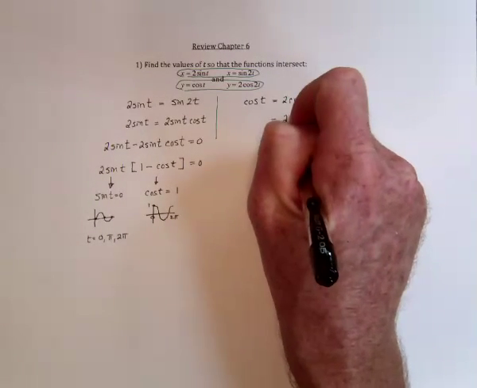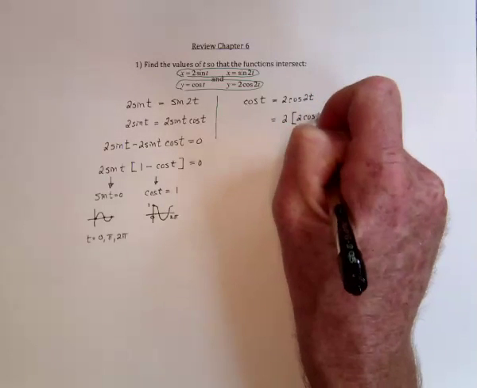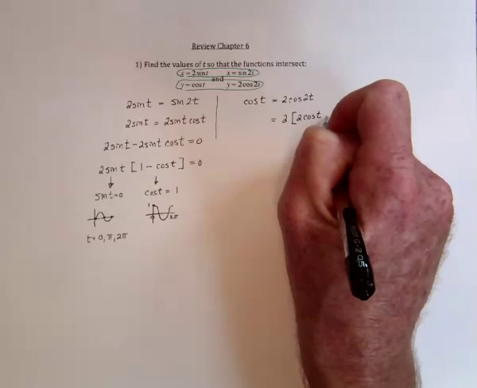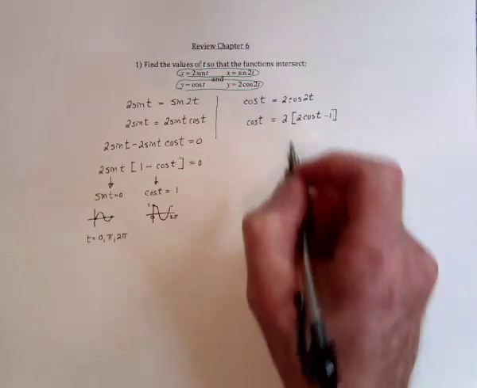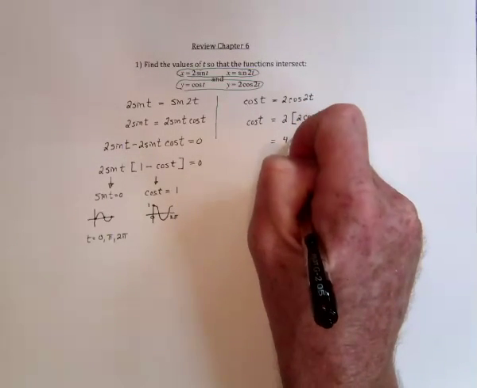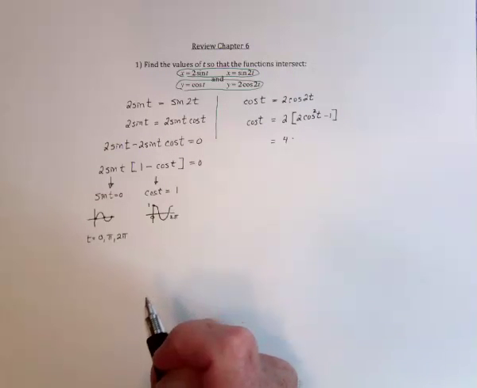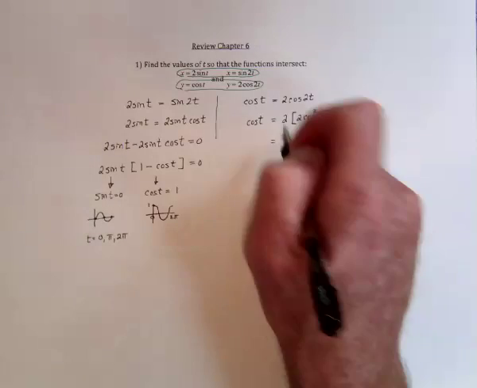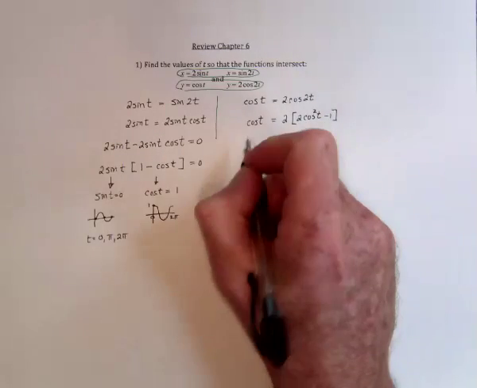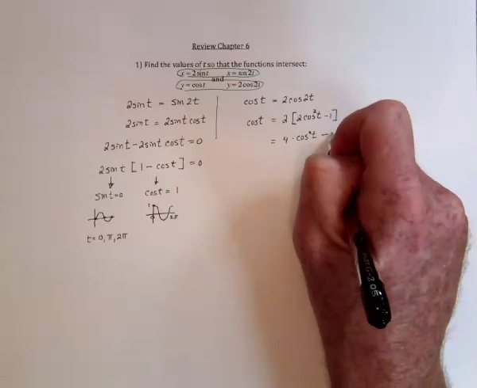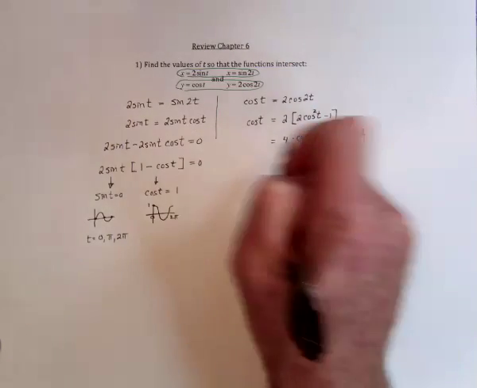So I'm going to leave the 2 there, and for cosine of 2t, it's 2 cosine squared of t minus 1. And then distribute, so it's going to be 4 cosine squared. I might as well move this over right now. Subtract cosine of t, and then distribute, so it's negative 2.